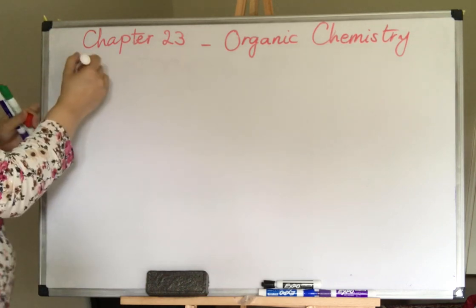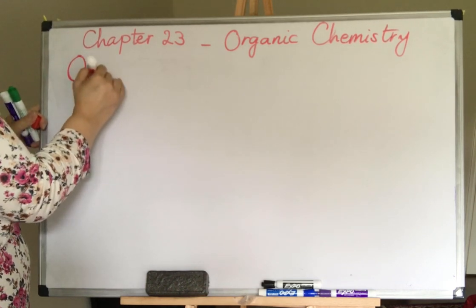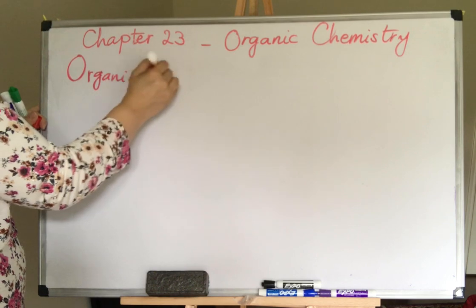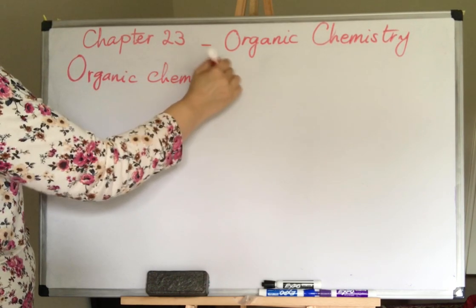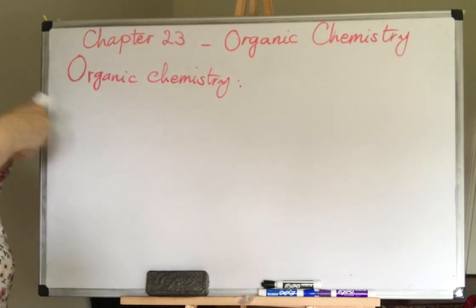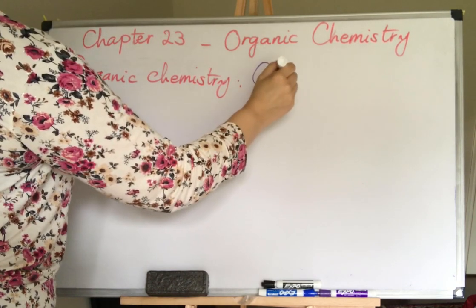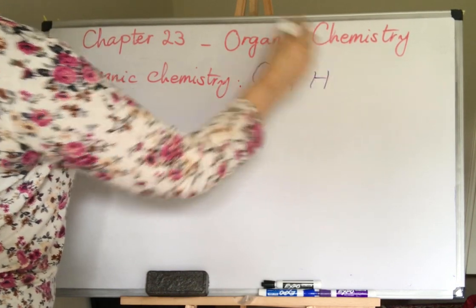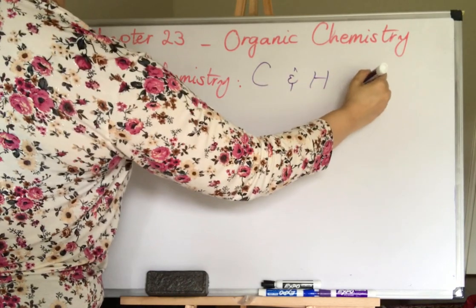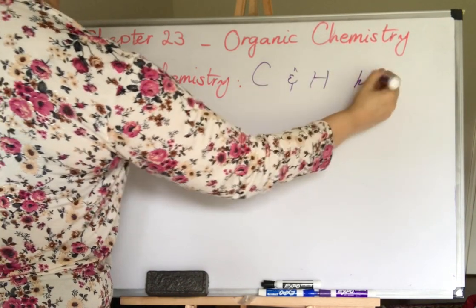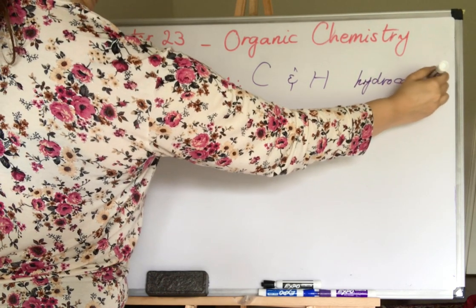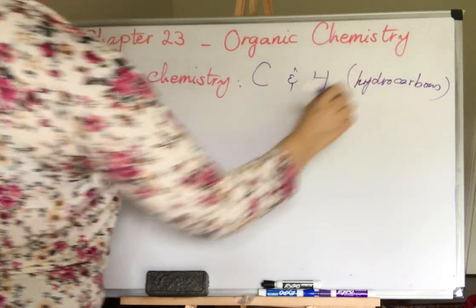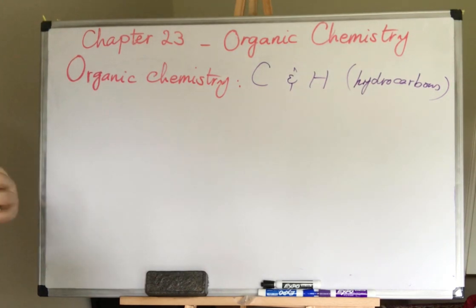So organic chemistry is the branch of chemistry which talks about compounds containing carbon and hydrogen mainly. So we call them hydrocarbons. You see the hydrogen and carbon. So the skeleton of organic compounds is composed of carbon and hydrogen.